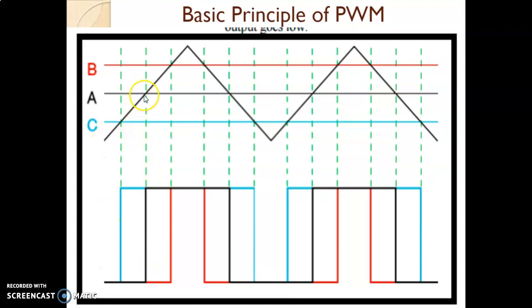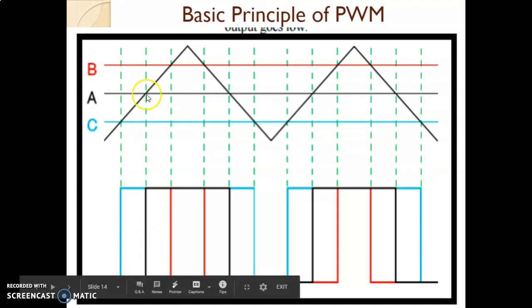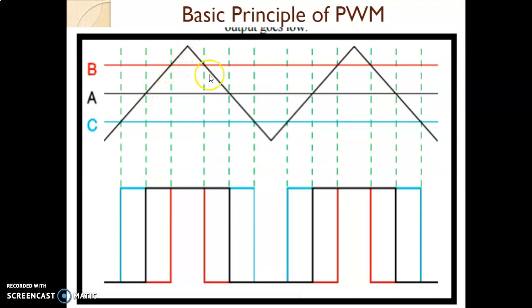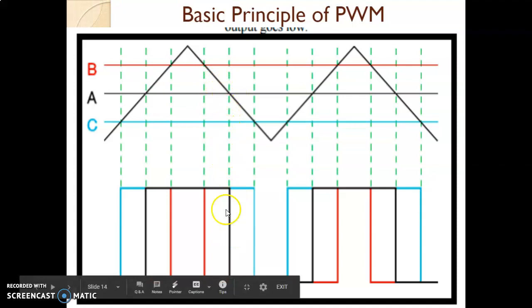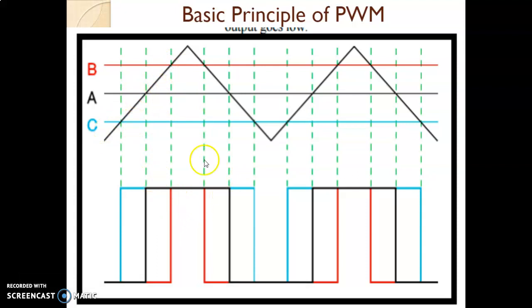When the triangular wave crosses this particular point A, the output changes from 0 to 1. It remains in that position unless the triangular wave again crosses that A line, at which time you get a fall in the output. Similarly, when the triangular wave crosses the B line, you get this red pulse. When the triangular wave crosses this blue line, you get this wider pulse.